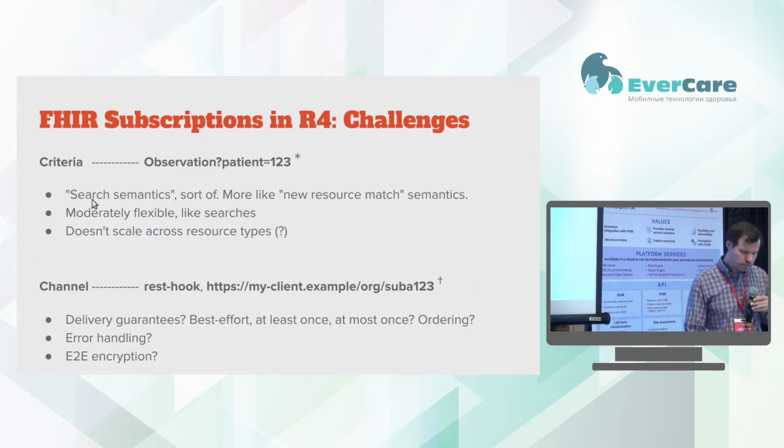When you look at these search criteria, are you looking for resources in a server, or are you looking for state changes, times when a resource is either created or updated to cause it to match your search?